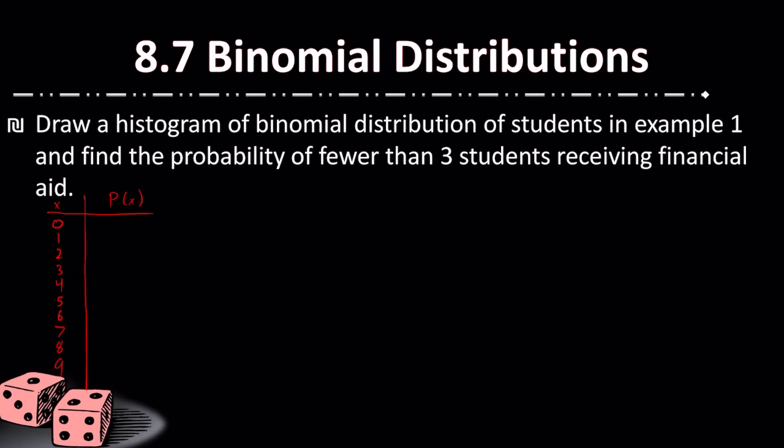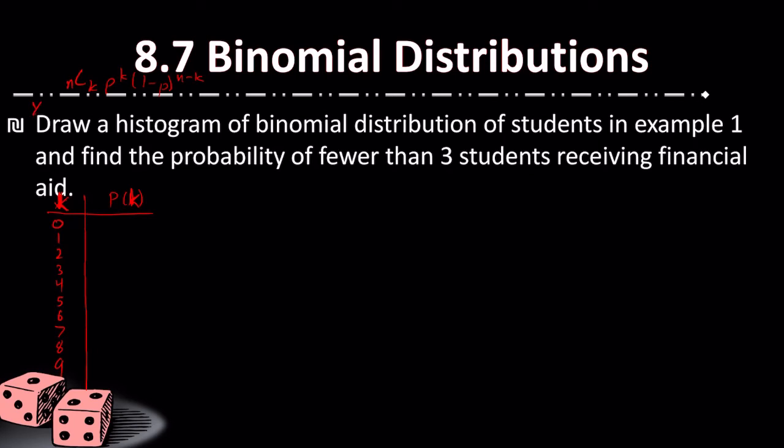Wow, that's 10 calculations. I don't want to do the binomial formula 10 times. Well, you could put it in the calculator. Remember, it's nCk, p to the k, (1 minus p) to the n minus k. I want the k to change, so maybe I'll call this k as x.